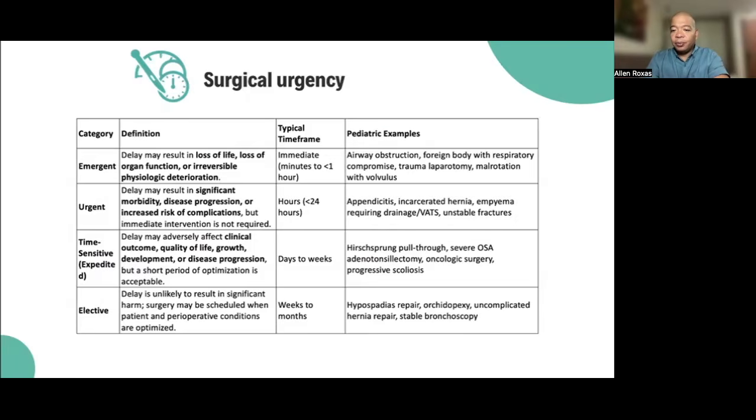Time-sensitive procedures would mean delay may adversely affect clinical outcomes, quality of life, growth, development, or disease progression, but a brief period of optimization is acceptable. Elective procedures, on the other hand, would mean delay is unlikely to result in significant harm, allowing surgery to be scheduled when patient and perioperative conditions have been maximized or optimized.